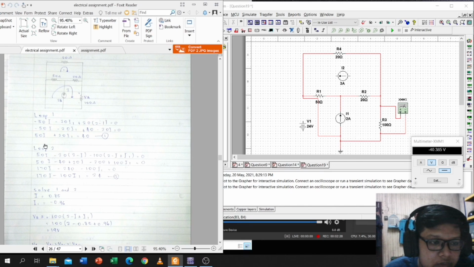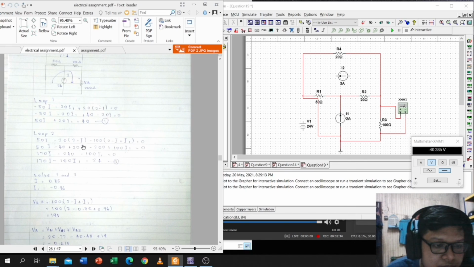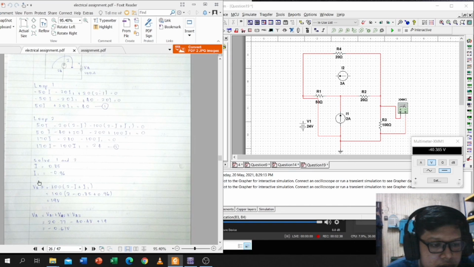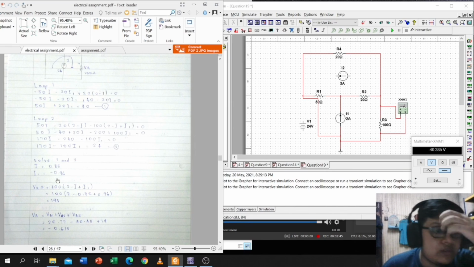So just use KCL here. Write equation 1 and equation 2 for loop 1 and loop 2, and then solve these two equations. We got I equal to 0.85 and I1 equal to negative 0.96.